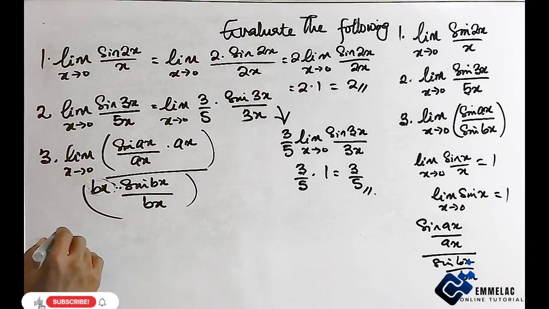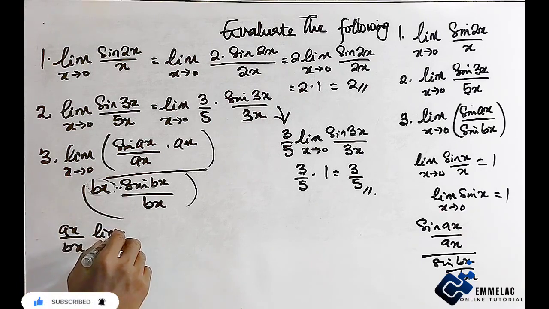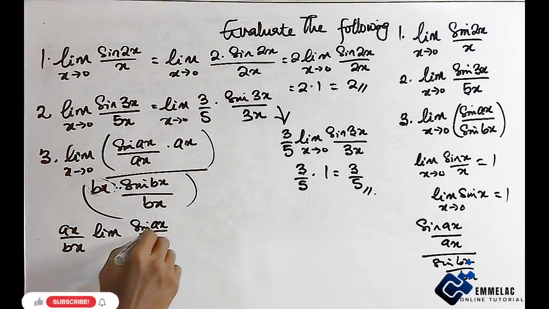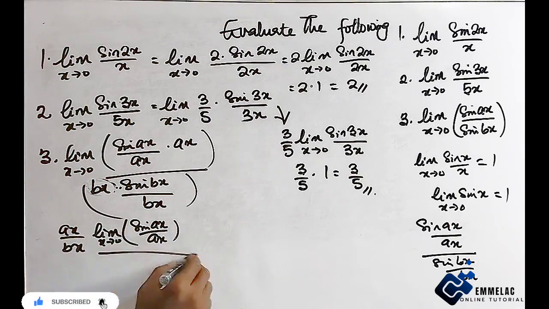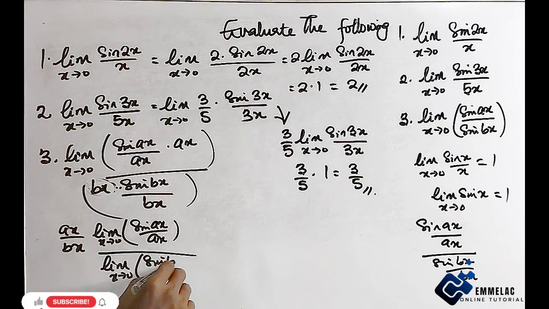So we have ax all over bx. Now the limit of sine ax all over ax, and since it's division, divided by the limit of sine bx all over bx.